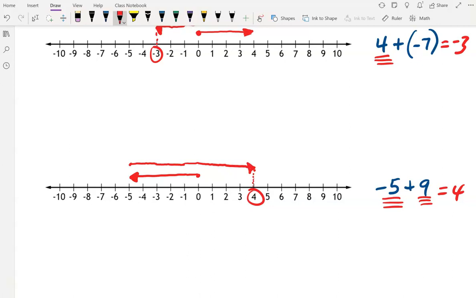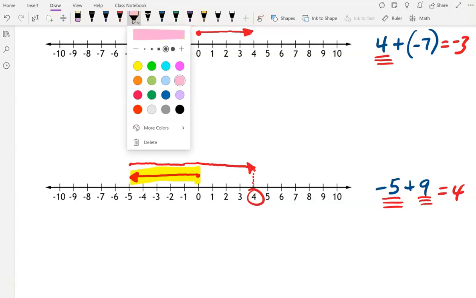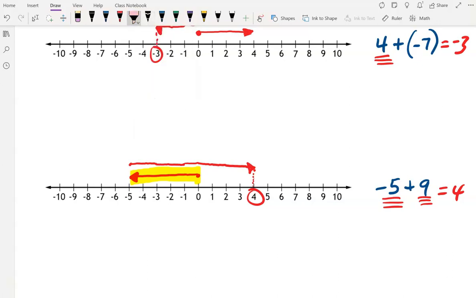That is 5 different examples of moving on the number line by adding integers. So you want to make sure that you understand, first of all, no matter what the starting number is, you always begin at 0 and move to your starting number, in this case negative 5, and then from that number you do what it tells you to do. In this case, we are supposed to add positive 9. So when we add positives, we are moving to the right on our number line.